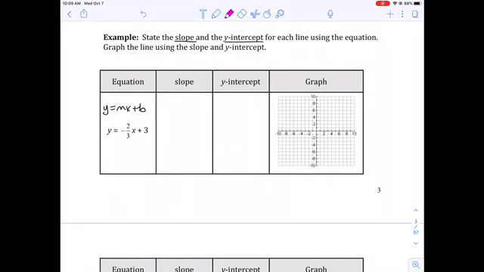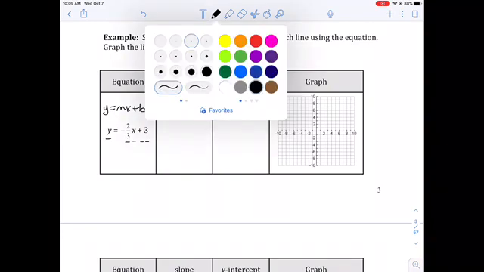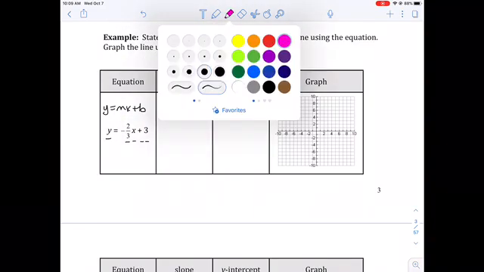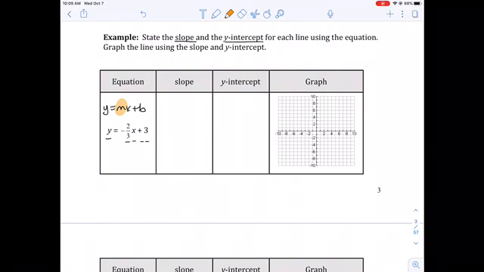Is it written in that form? We've got y here, and we've got a number in front of x plus a constant by itself. So it certainly is written in y equals mx plus b form. So right away I know that this value here is my slope, and this value here is our y-intercept. So I'm going to write that in.